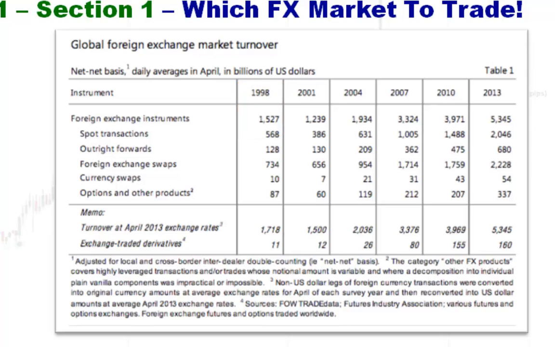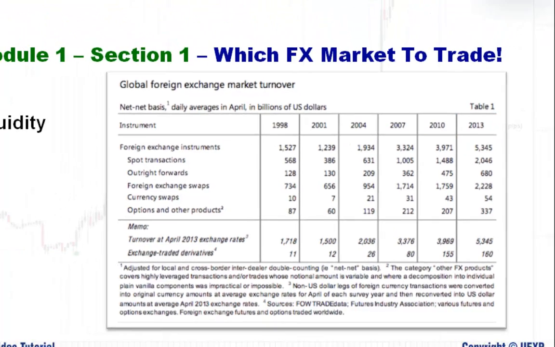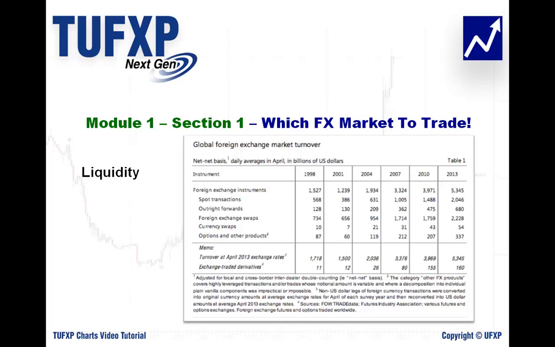And currently in 2013, the latest report, which was released in April 2013, shows we are now at $5.3 trillion worth of liquidity and turnover in the FX markets. So you can see that it's grown all the way since this report was first started in 1998 through to 2013 and continues to grow as well.